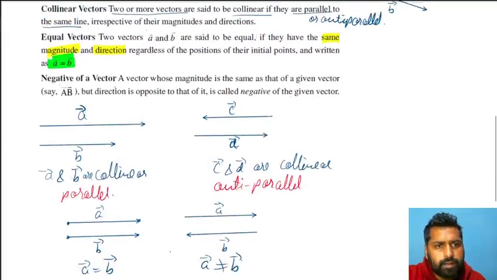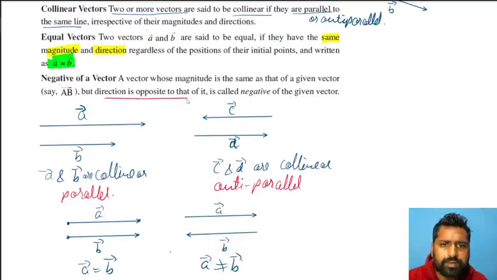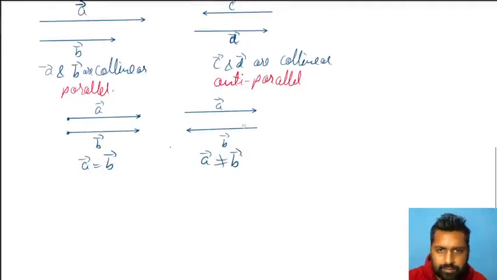Next is the negative of a vector. Negative means same magnitude, it's just that you change the direction. The negative of a vector is opposite in direction. Magnitude should be the same, direction should be opposite. So this is the case for the negative of a vector.